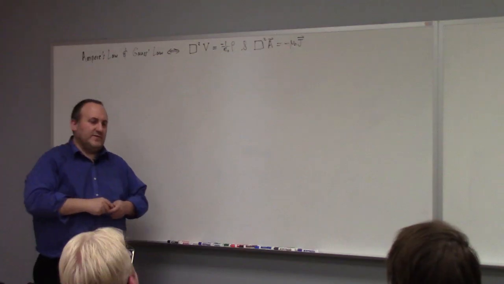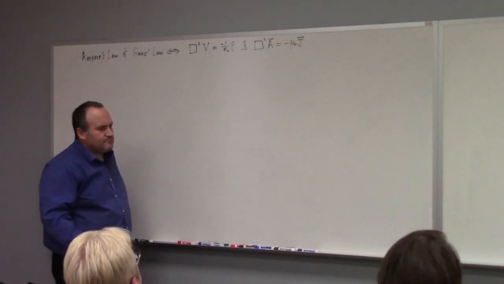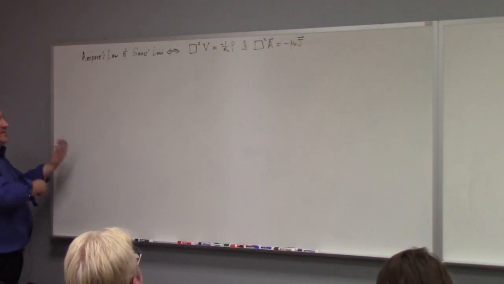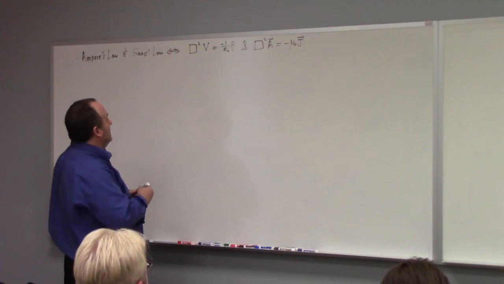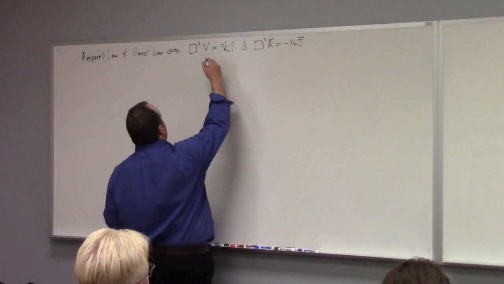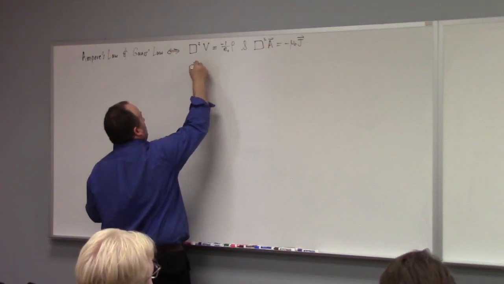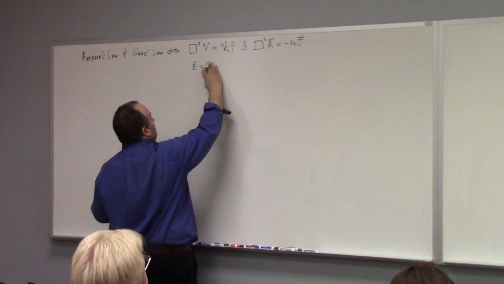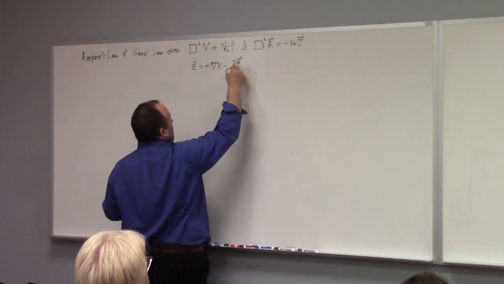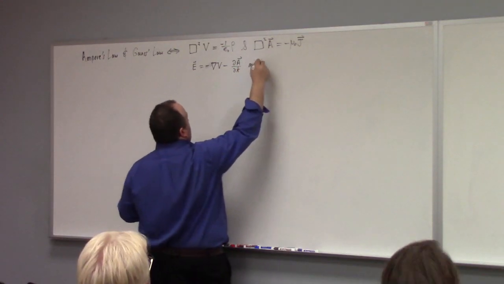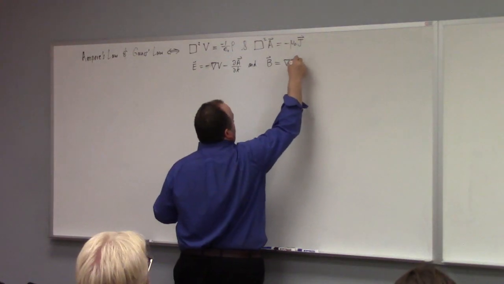So that's the first thing we did last class. We showed that those equations are equivalent to the inhomogeneous wave equation, so-called. We also formulate the electric field as minus the gradient of V minus partial A partial t, and the magnetic field as the curl of the vector potential.